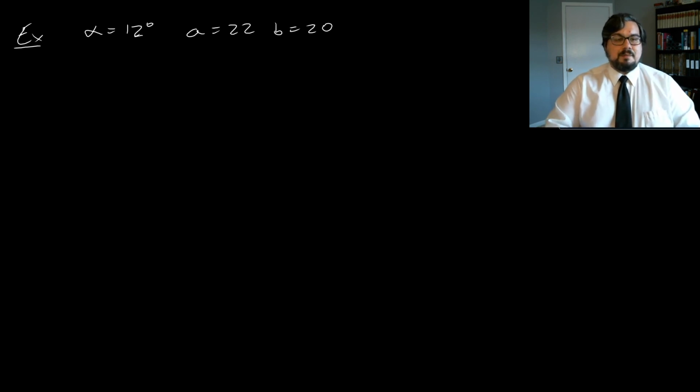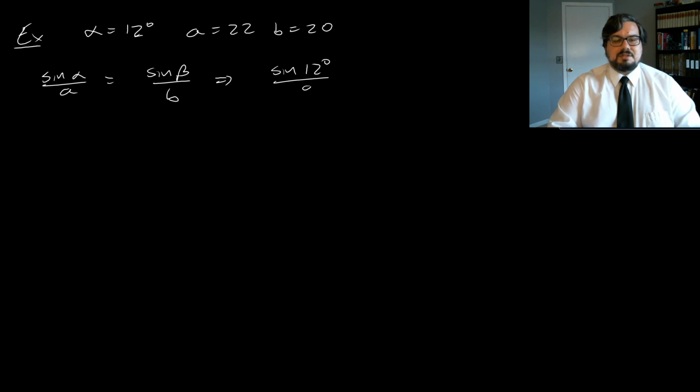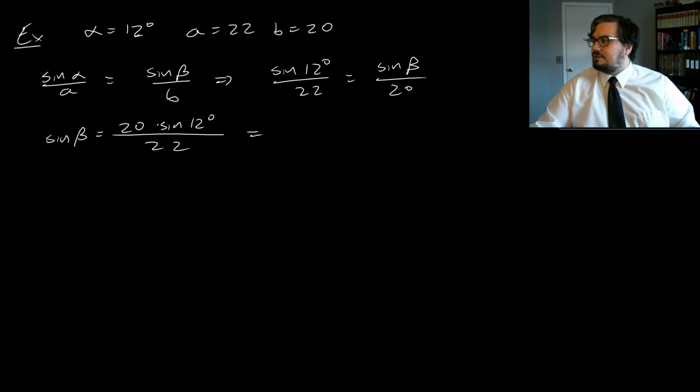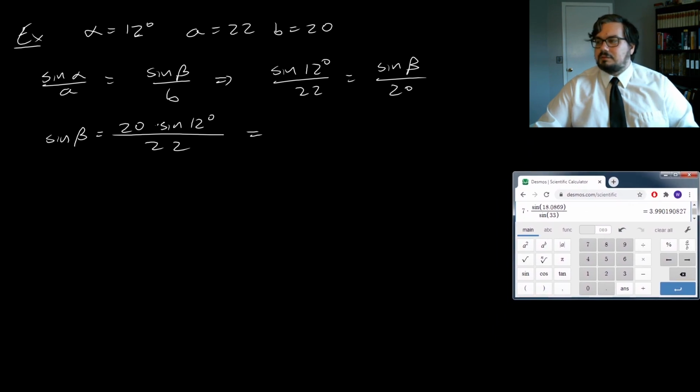So going through the same process, we have that sine of alpha over A is sine of beta over B. And so we get that sine of 12 degrees over 22 is equal to sine of beta over 20. Rearranging, we get that sine of beta is equal to 20 times sine of 12 degrees over 22, which we can do in the calculator.